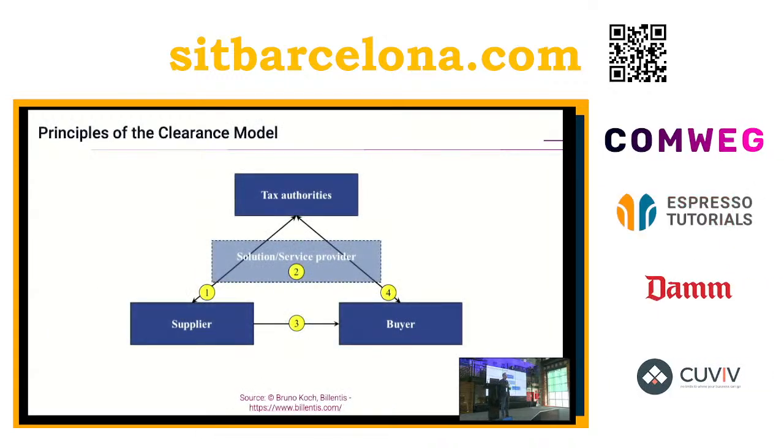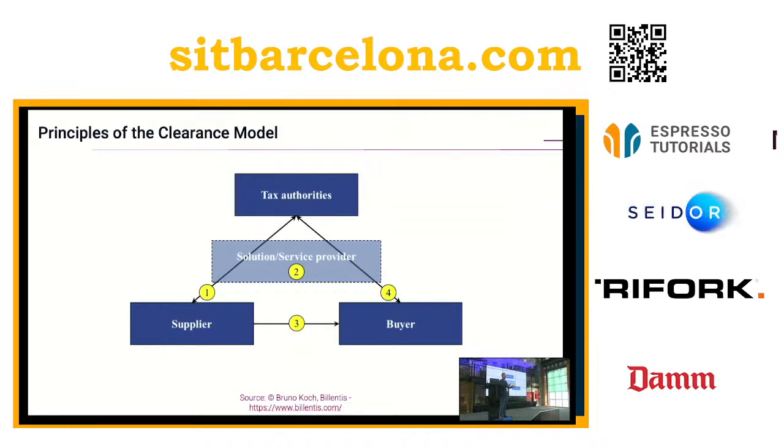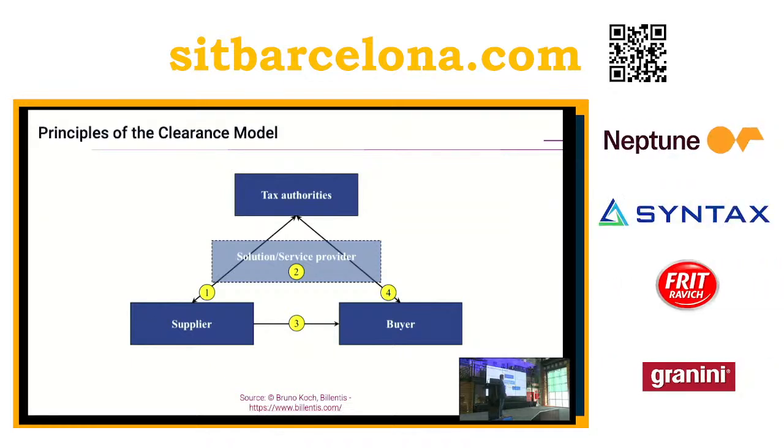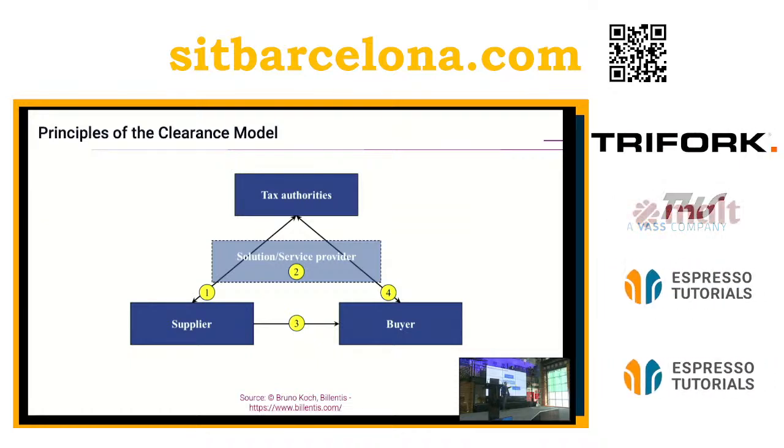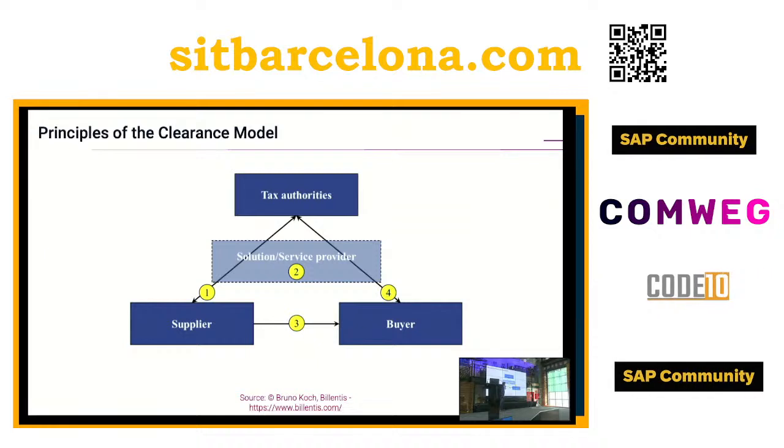There are many different clearance models worldwide, but this is the simplest one. This is the basic model, and this is enough because here we can see we have the supplier, and on the other side we have the buyer. On the top we have the tax authorities. Nowadays, when the supplier issues an invoice, this invoice goes directly to the buyer.